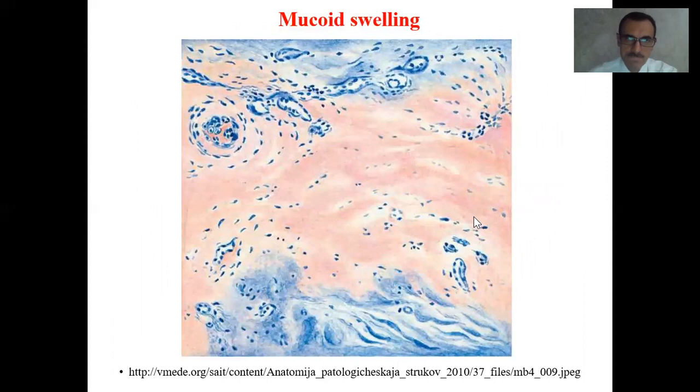Here you see the microscopy of the mucoid swelling. In this area, we see the swollen collagen fibers that stain red. Here is the section of the blood vessels, also other vascular structures.